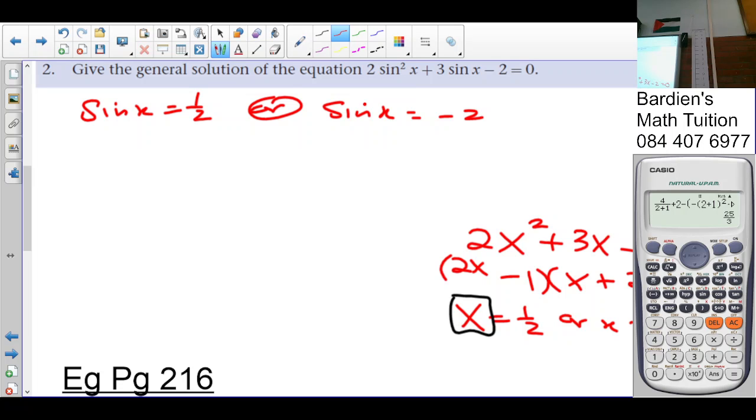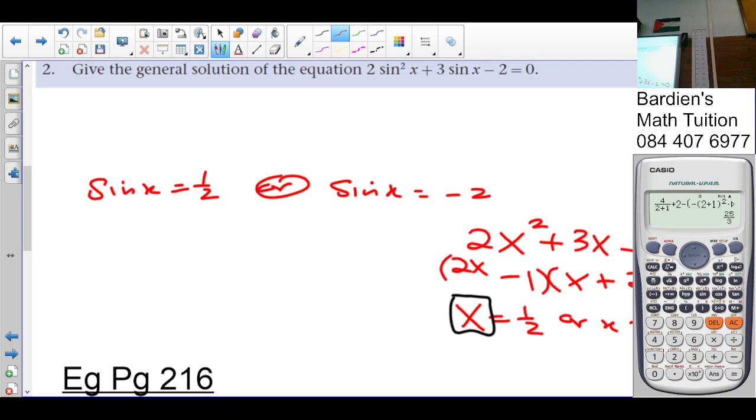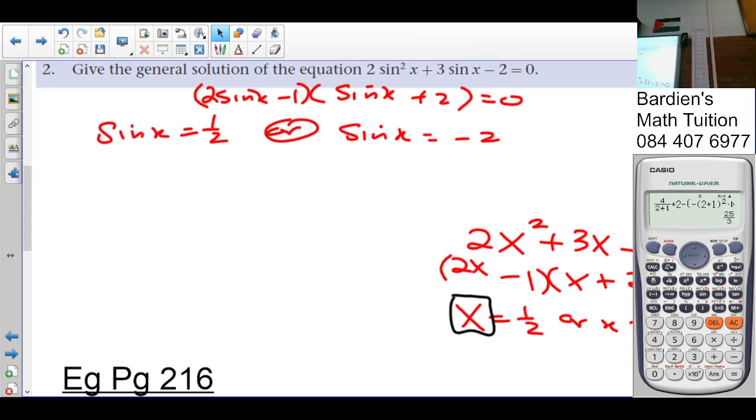Okay. Now most of you are okay with this. So what do we say? We factorize. That simply gives us 2 sine x minus 1 and sine x plus 2, and then it follows from that.